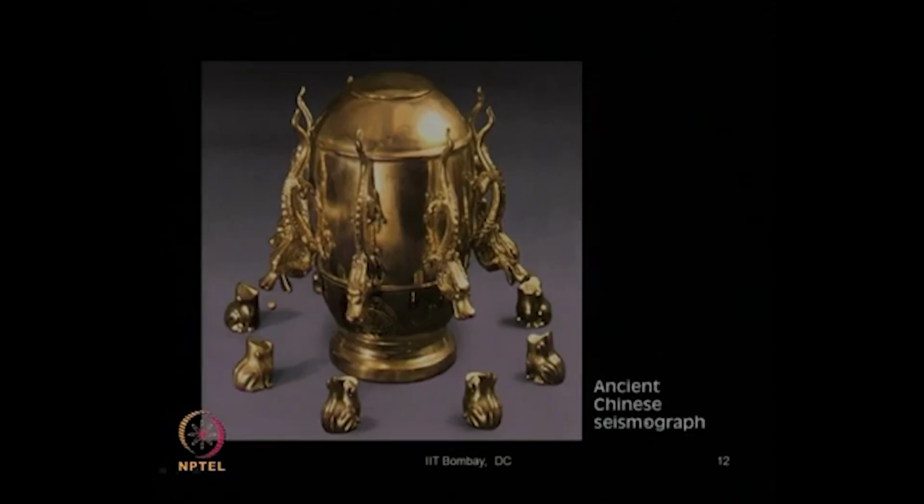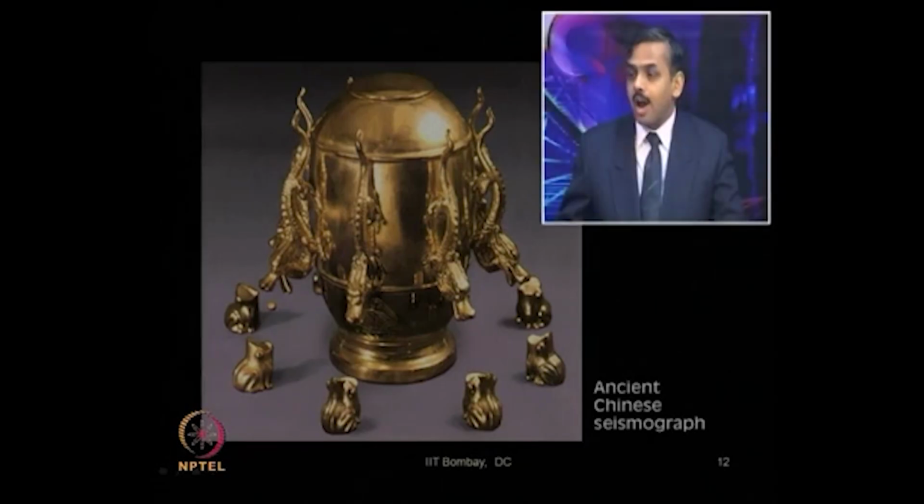This is the ancient Chinese seismograph, which is nothing but a dragon jar. Why is the name dragon jar? If you look here, this is a jar made of brass. There are dragons over here, placed in 8 major directions. That is, north-south, east-west, and the 4 corner directions: northeast, southwest, northwest, and southeast.